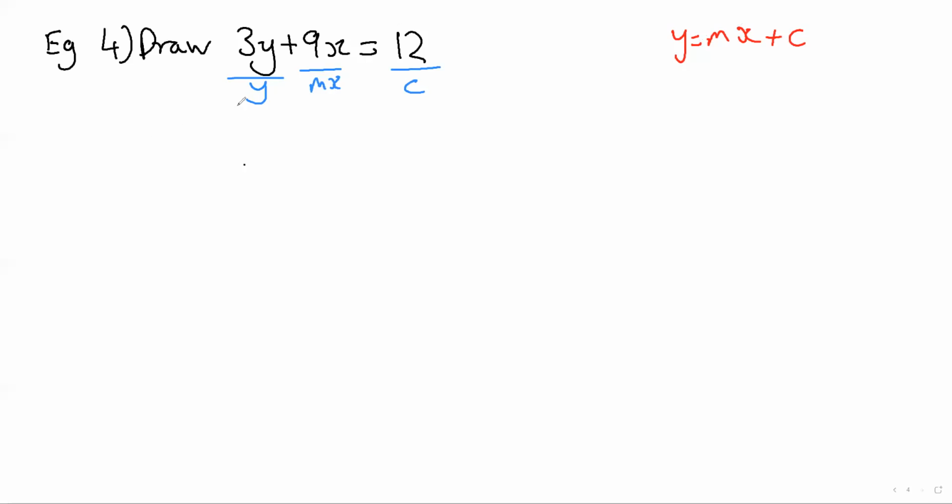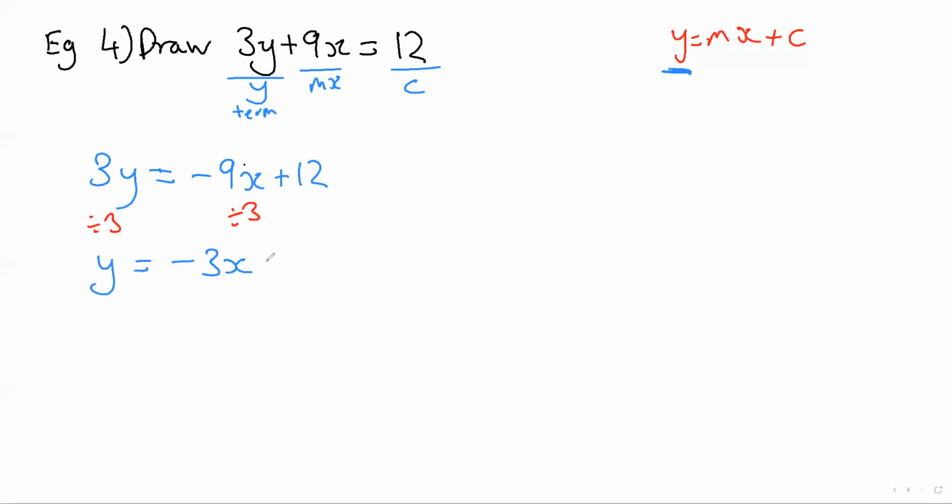If I subtract 9x from both sides, I'll get minus 9x plus 12. But remember, we only want one y here, not 3. So we can just divide both sides by 3 to get 1y on the left and minus 3x plus 4 on the right.